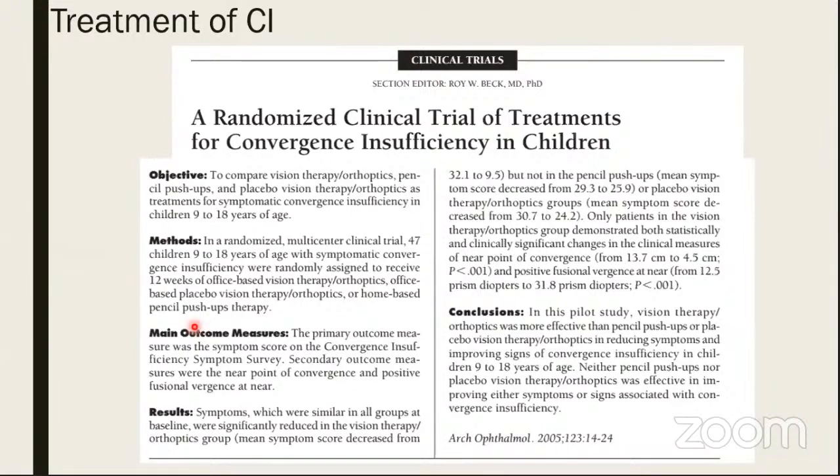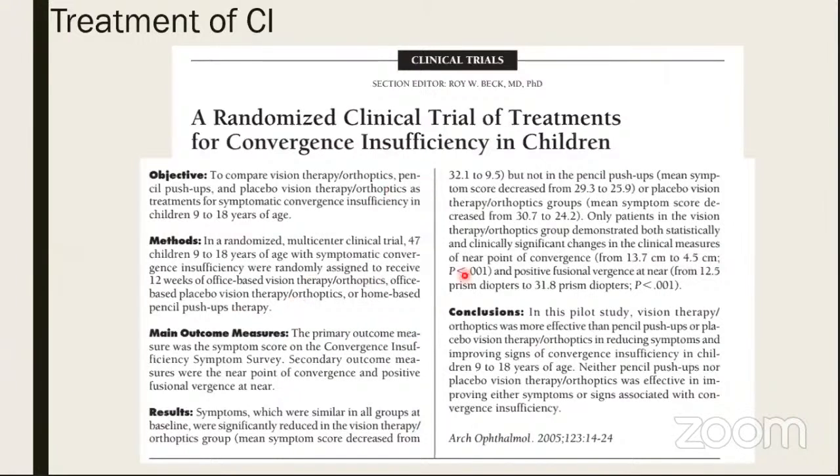Three therapy groups were compared: office-based VT, office-based placebo VT, which would not include accommodative inversions but other things would be included, and the third category, home-based pencil push-up therapy.